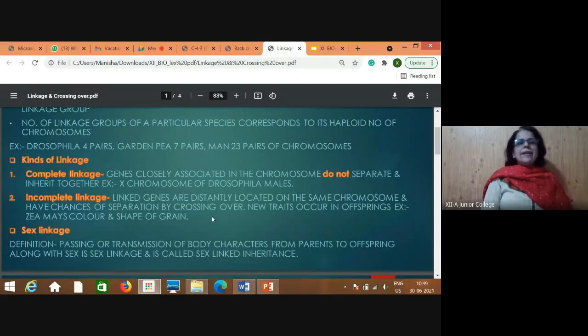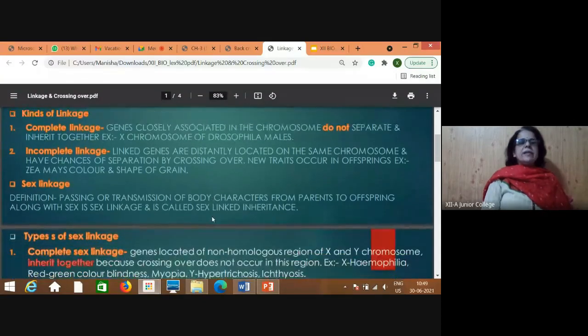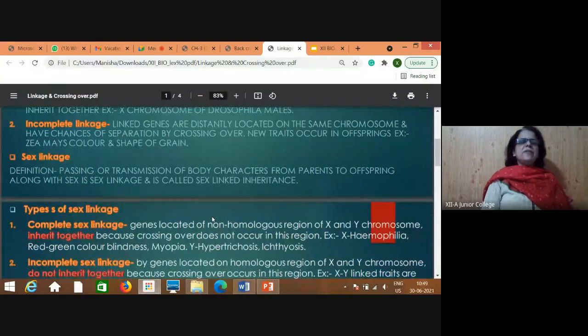Now the next point is sex linkage. Sex linkage means the passing or transmission of body characters from parents to offspring along with sex, and it is called sex linked inheritance. Very simple to understand.